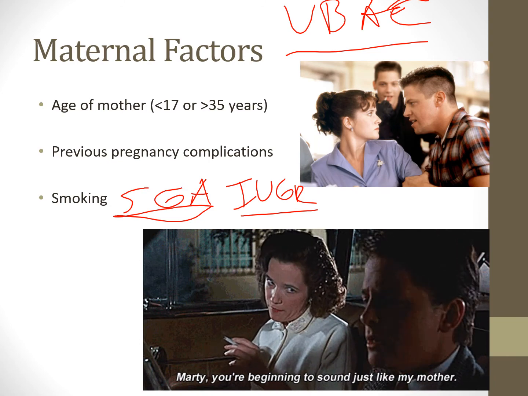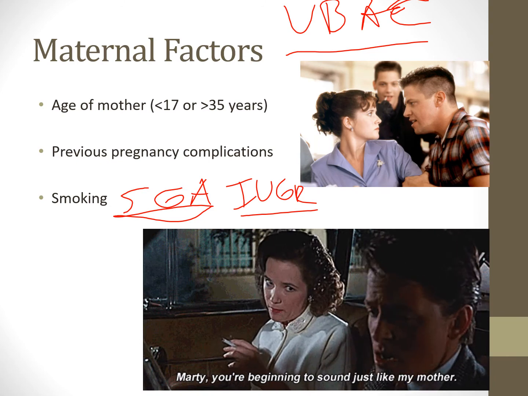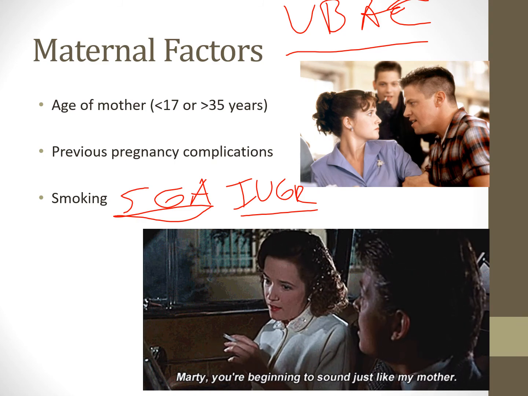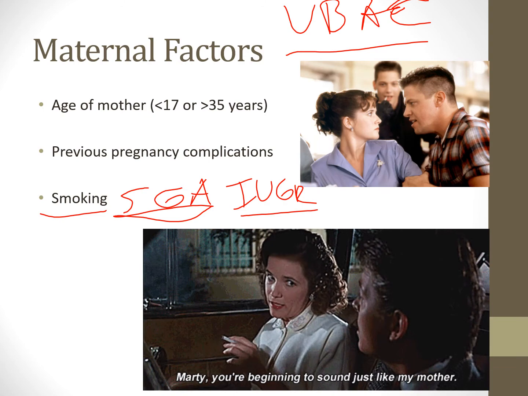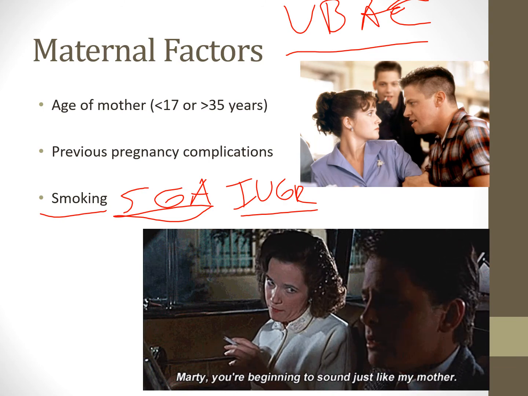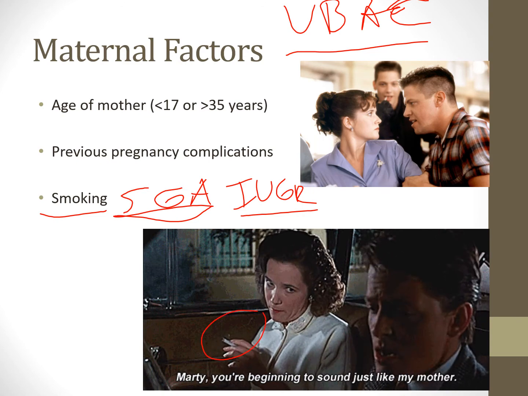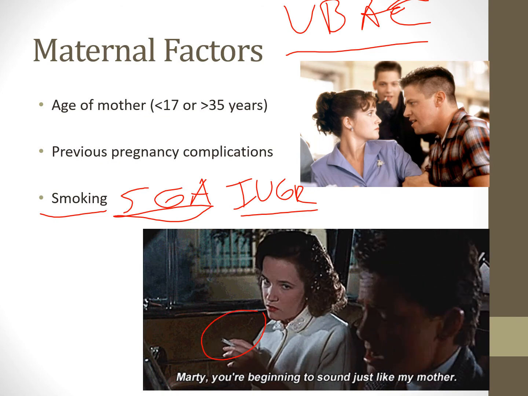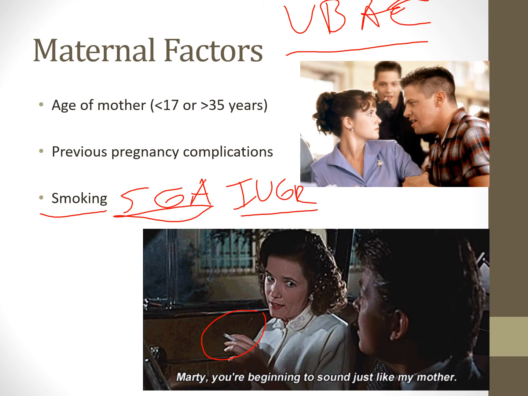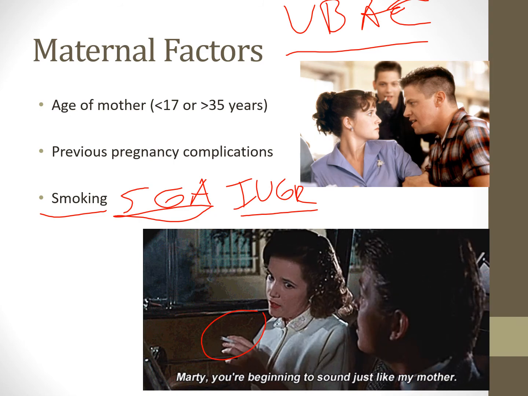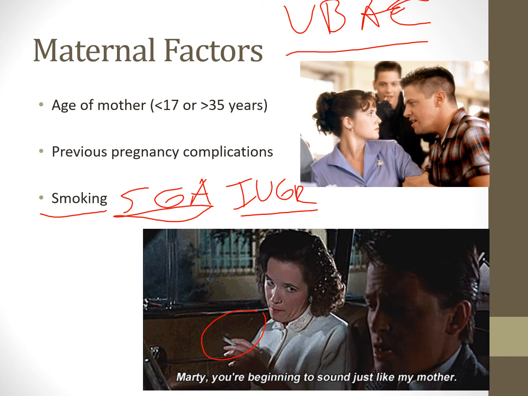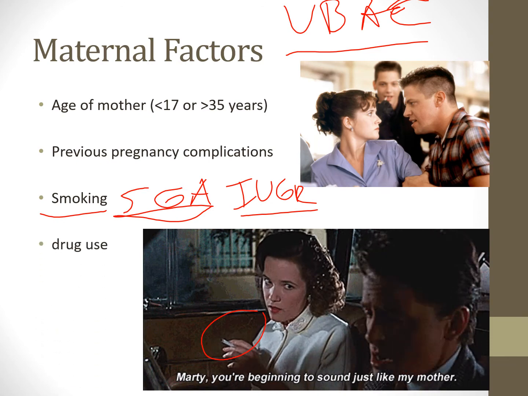And this is also a known cause for them not only to be small for their gestational age and restricted in their growth, but also to be premature as well. So there are a lot of issues there. That's why maternal smoking is a big no-no. Don't do it. It's going to be a factor in why this baby is premature, why the baby is small. But these are all known associations that are out there.